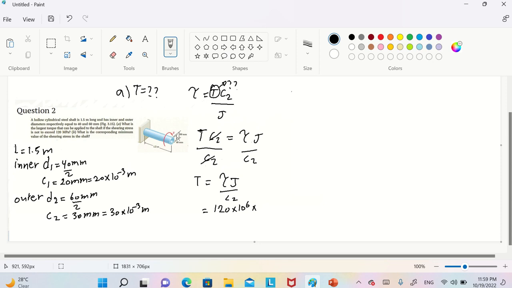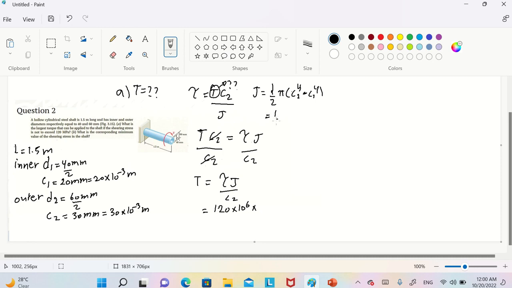It says in the question a hollow cylindrical, so the rule of hollow cylindrical is half times pi times brackets outer radius power 4 minus the inner radius power 4.